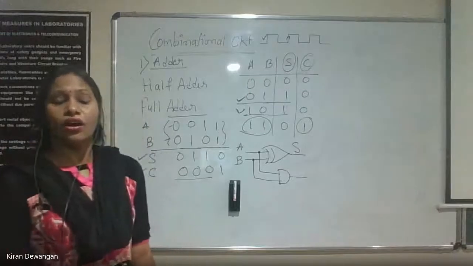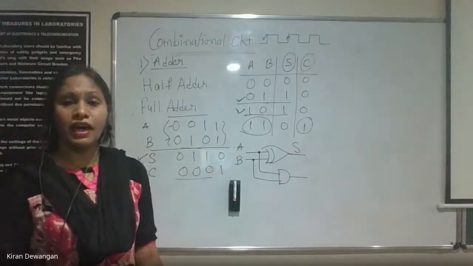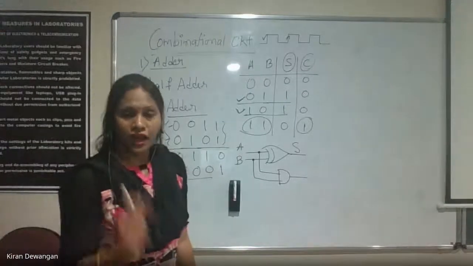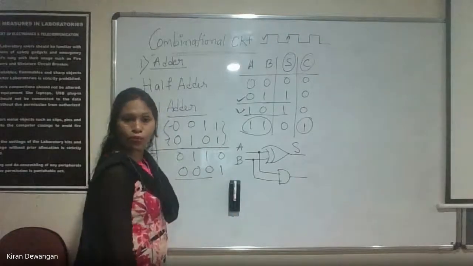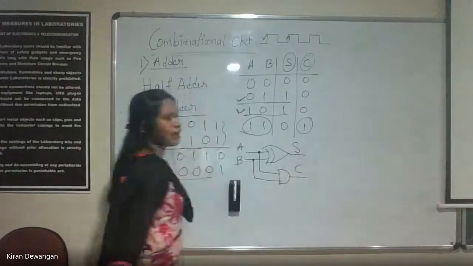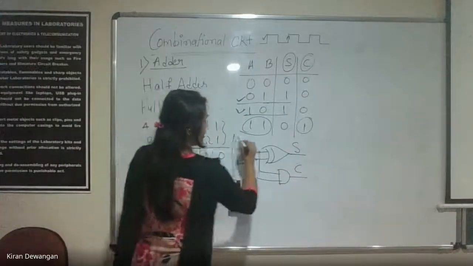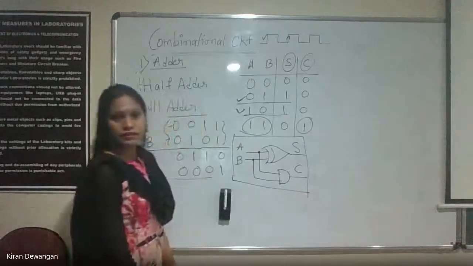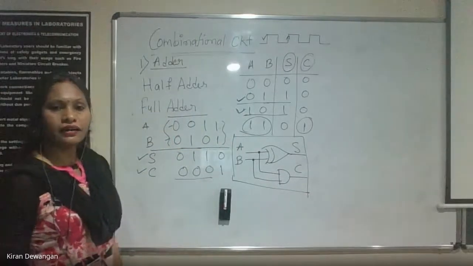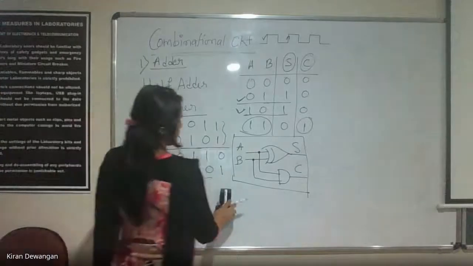Why not OR? Because OR also goes high for 1 0 and 0 1, right? AND goes high only when both are 1 and 1. So this becomes carry. So this is our half adder design. Clear? So this is how we get a half adder circuit.